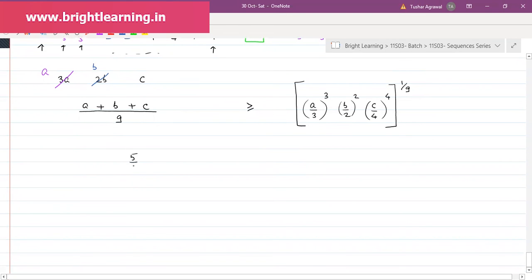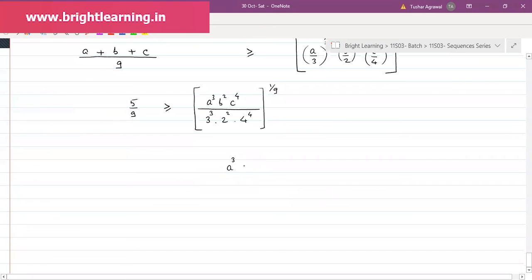So 5 upon 9 is greater than or equal to A cube B square C to the power 4 divided by 3 cube, 2 square, 4 to the power 4, complete, raised to 1 by 9. So the final answer: A cube B square C to the power 4 is less than or equal to 5 by 9 whole to the power 9.